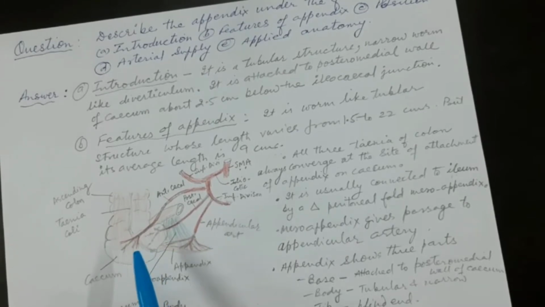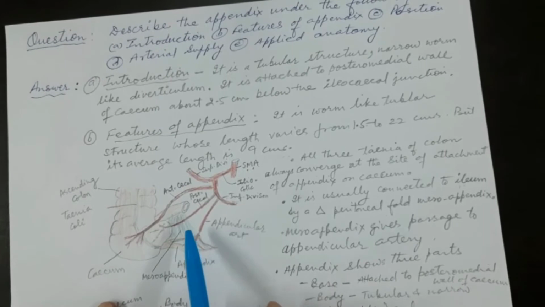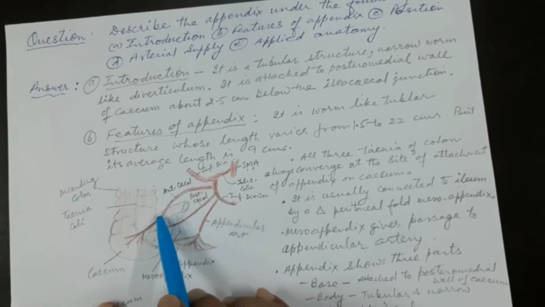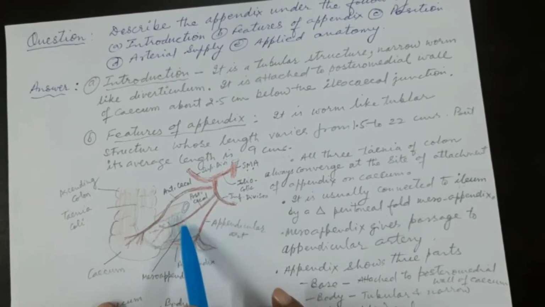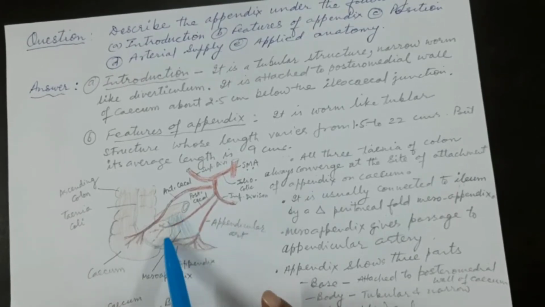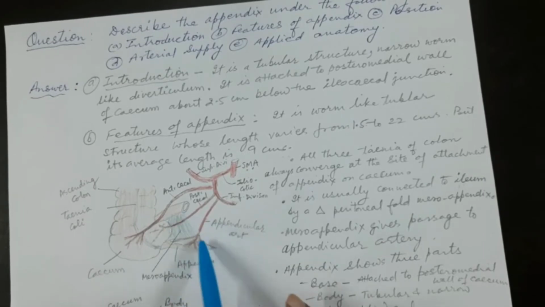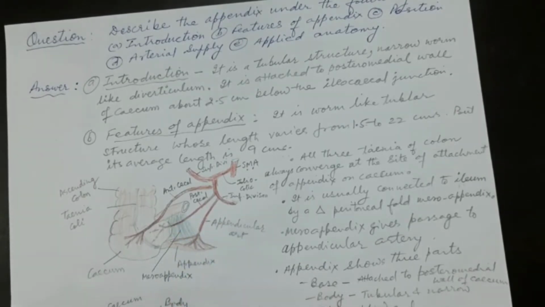Now the appendix is usually connected to the ileum by a triangular peritoneal fold. This is the appendix, and it is usually connected with the terminal end of the ileum by a fold of the peritoneum. This triangular fold of peritoneum, which I have drawn in green color, is called the mesoappendix or mesentery of the appendix.